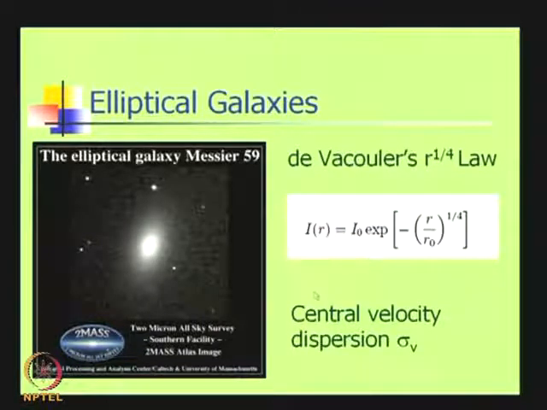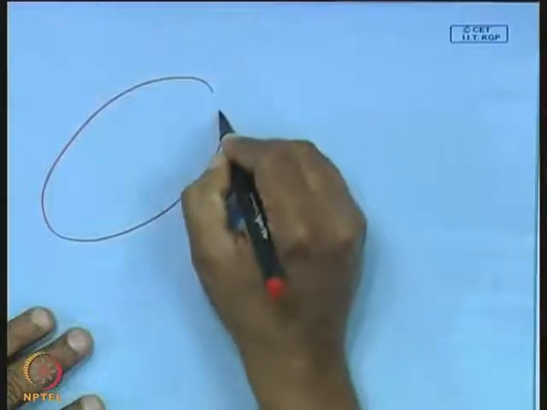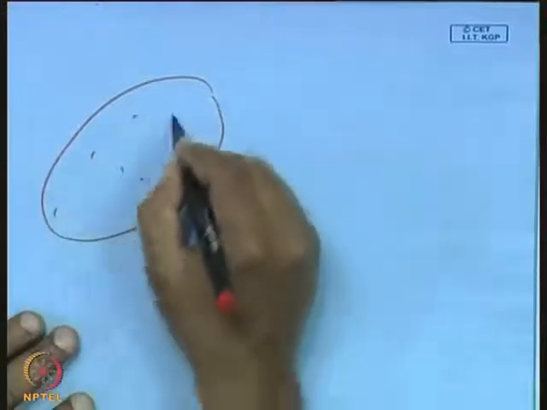Another quantity that you can measure is the central velocity dispersion, sigma v. What do we mean by velocity dispersion? This galaxy is an ellipsoid like this, and it is a collection of stars.